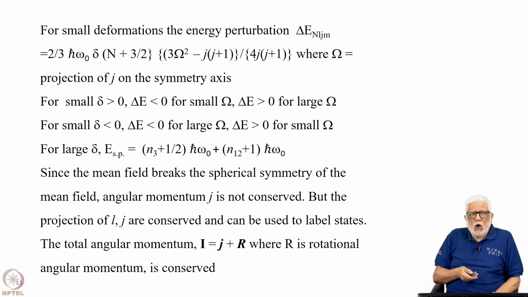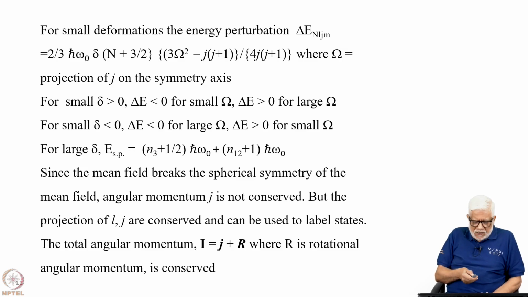For small deformations, one can use perturbation theory, and the energy perturbation delta E has the quantum numbers associated with it: n, which is the overall radial quantum number, L, which is the single particle orbital angular momentum, J, which is the single particle angular momentum decided by the orbital and spin angular momenta, and m, which is the projection of that angular momentum along the z axis.